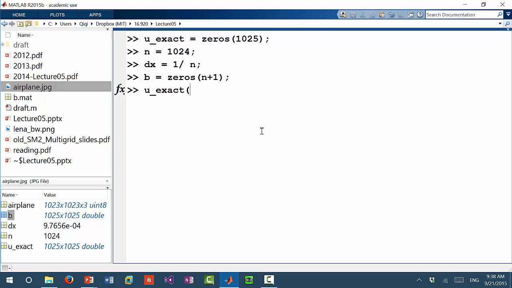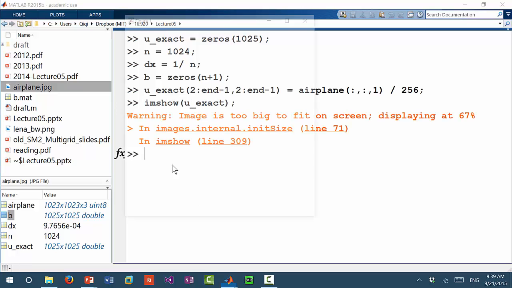And U exact from 2 to n minus 1, 2 to n minus 1, the interior of U exact, is equal to the airplane I just imported, divided by 156. Let me make sure I get U exact to be correct.